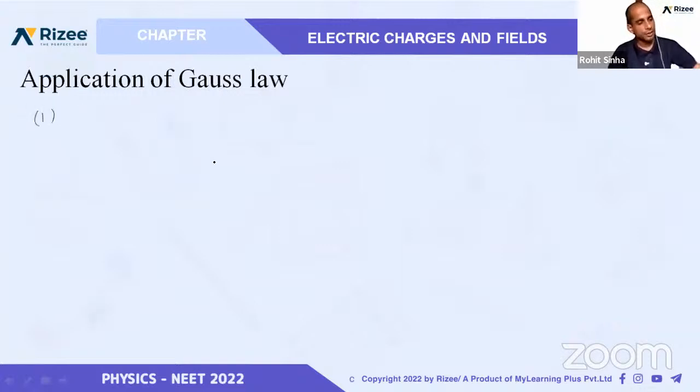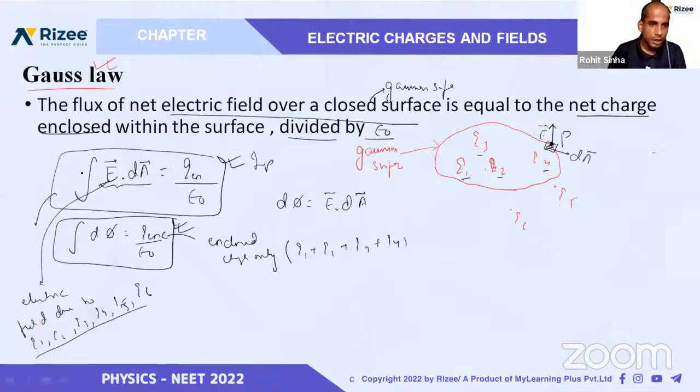Now, application of Gauss law. Gauss told that the formula of Gauss law is closed integration of E dot dA. I have written it in the previous slide, but I missed the closed integration.